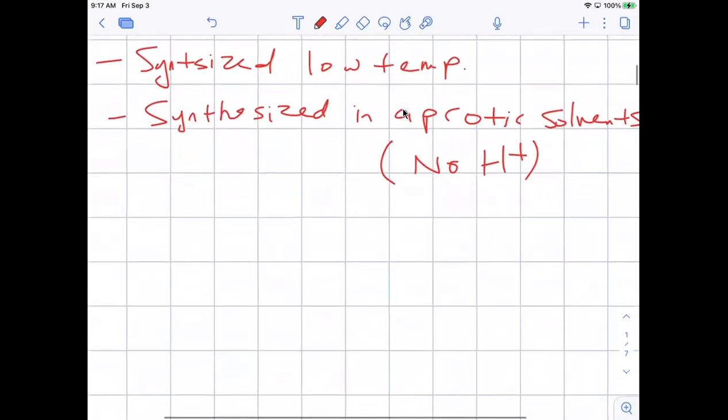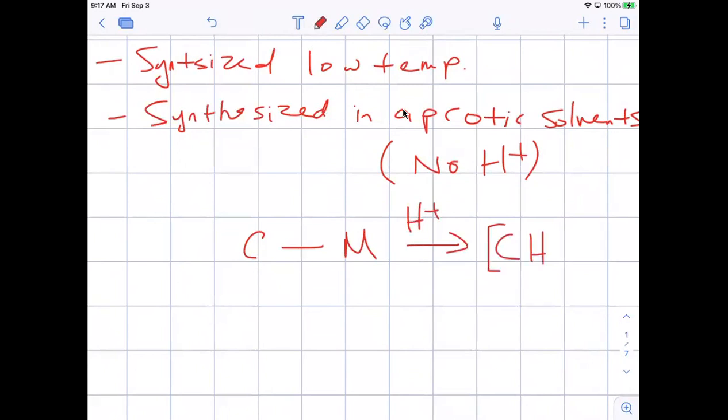And the reason, again, is that carbon is nucleophilic. So if I have a carbon-metal bond and I add in H plus, I'm going to end up protonating that carbon. And let me do this to cut down confusion.